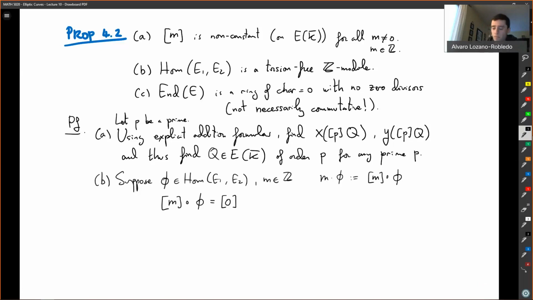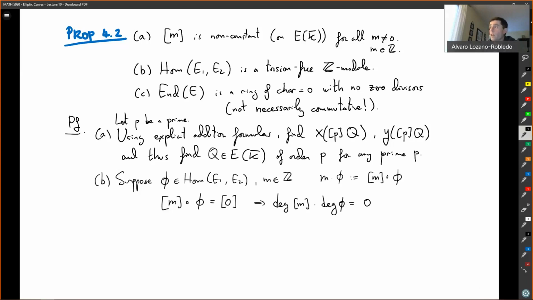Then if I take degrees, remember that the degrees are multiplicative in towers. So the degree of the composition is the product of the degrees. And the degree of the constant map is 0. But now these are integers.